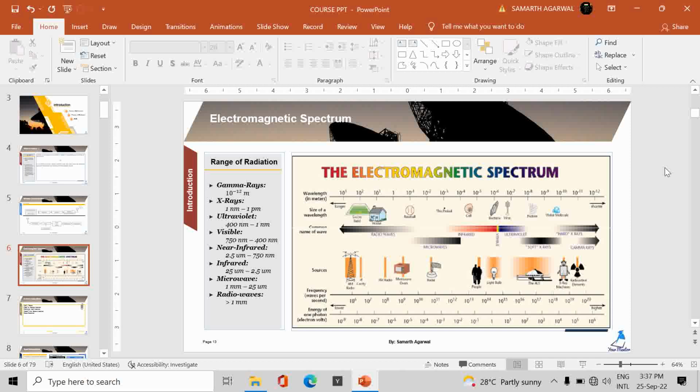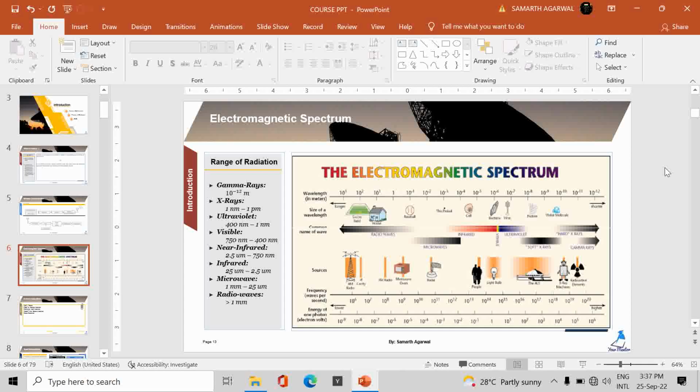And further we have X-rays, and in that also there is a radiation range, which is soft X-rays and hard X-rays. And at last we have gamma rays, which are used in nuclear reactors and nuclear weapons, such as in nuclear power plants.